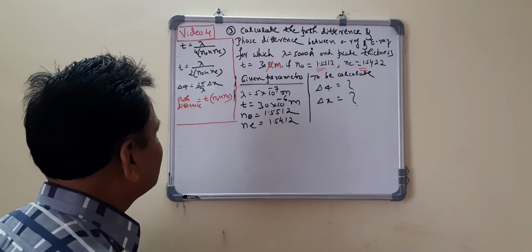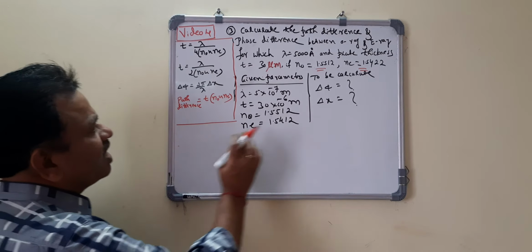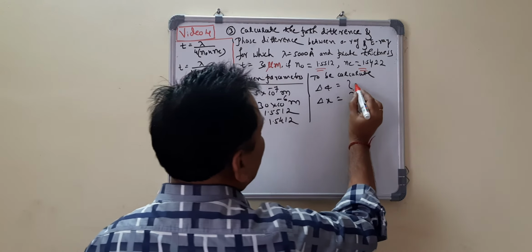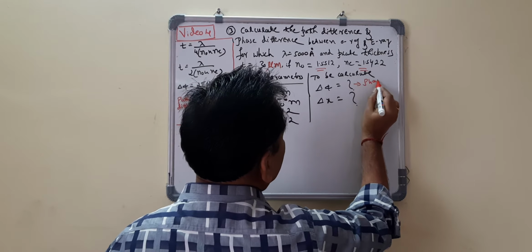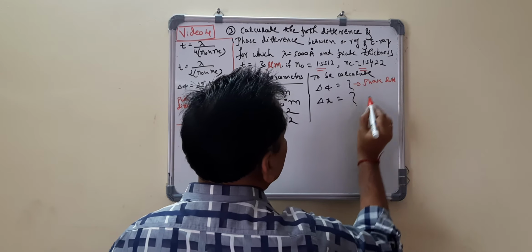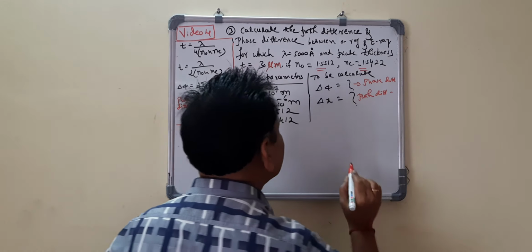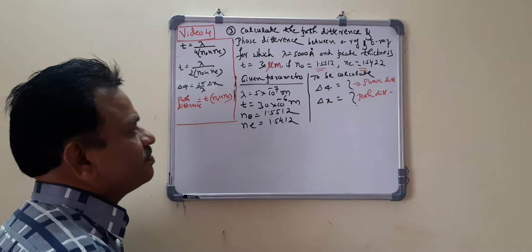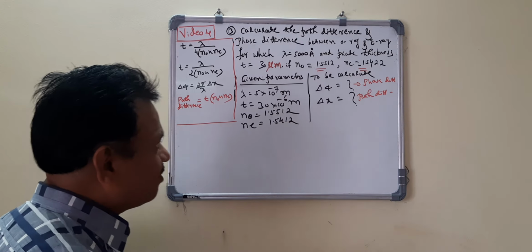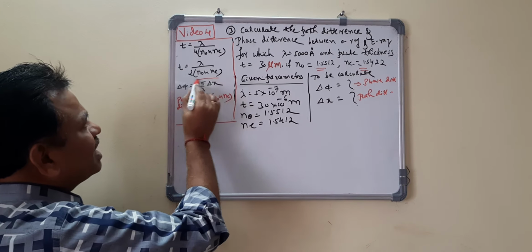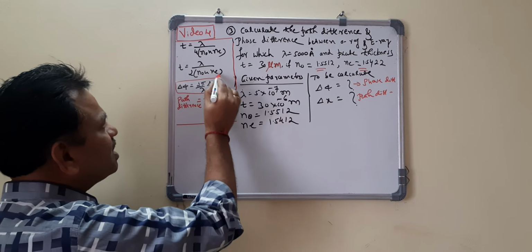Here I want to calculate the path difference and also the phase difference. This is called phase difference, and this is called path difference. This is the equation that connects the relationship between the path difference and phase difference.